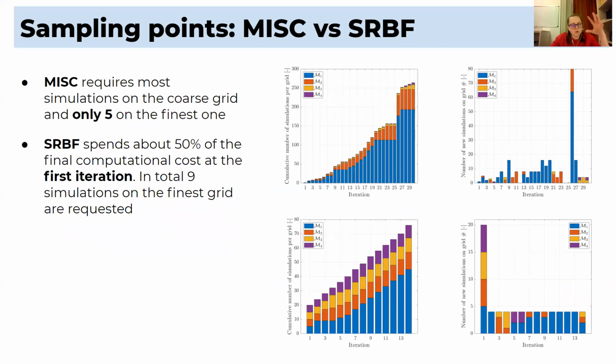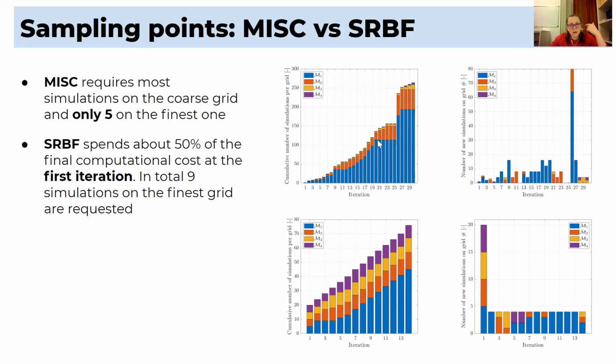Following the same color setting, we can again observe how the two methods perform the sampling. Here we have the number of simulations required per grid at each iteration, so we go from iteration 1 to iteration 30.